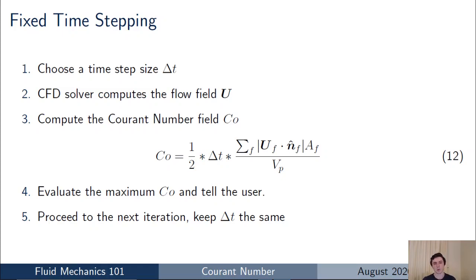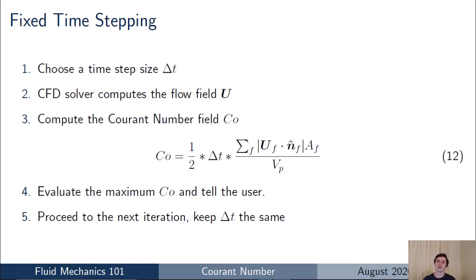But at this stage we're using a fixed time step, so the CFD code will then proceed to the next time step and calculate the new velocity field, going back to step 2. And of course, this will then require the CFD code to recompute the current number field, given there in equation 12, which again will be different for every cell in the mesh because the velocity field has just changed.